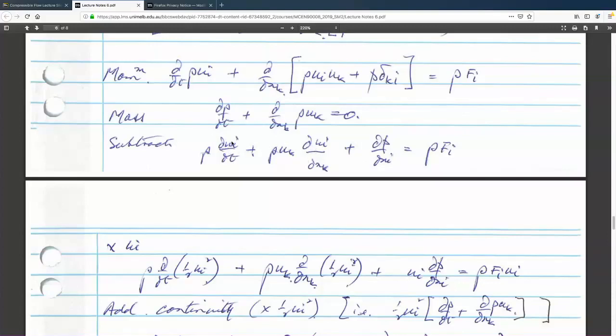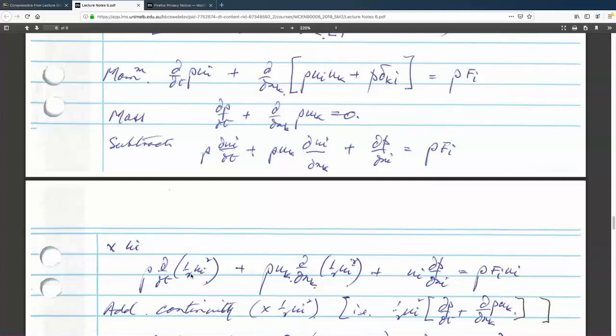So you wrote the equation for u1, and then you multiplied it by u1. And then you wrote the equation for u2, and you multiplied it by u2. And the same for u3, and then you added them all up. So if I multiply this by ui, I'm going to have rho d dt of a half ui squared. Why?